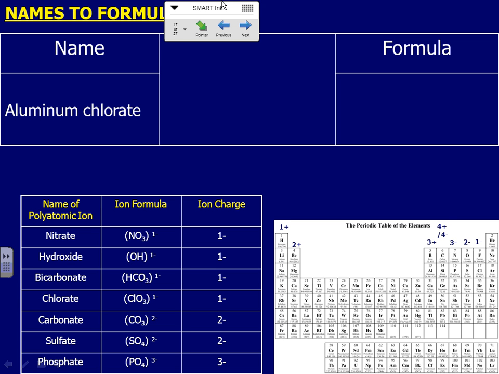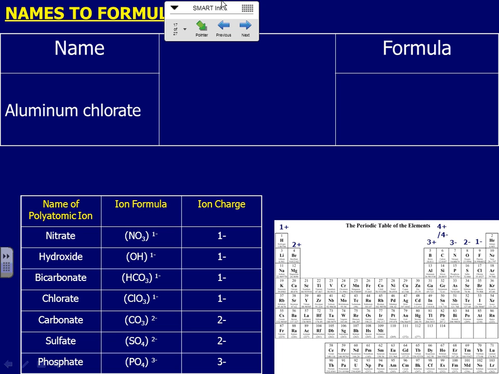But if you think about the structure, there's always a positive chunk and a negative chunk. So you name it as if it's only got 2 pieces, even though one of the pieces has 2 elements in it. So it's still binary in nature. We have the aluminum chunk and the chlorate chunk. We treat it just like we did the last day.